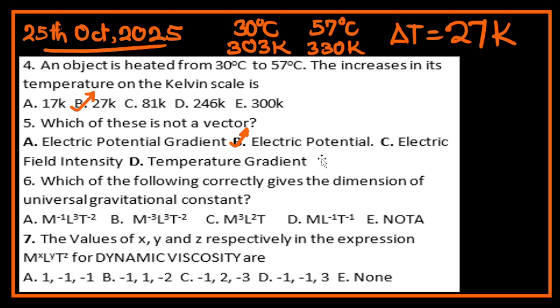So the next here is asking you to get the dimension of universal gravitational constant. Okay, let's look at it from F equals G m1 m2 over R squared.